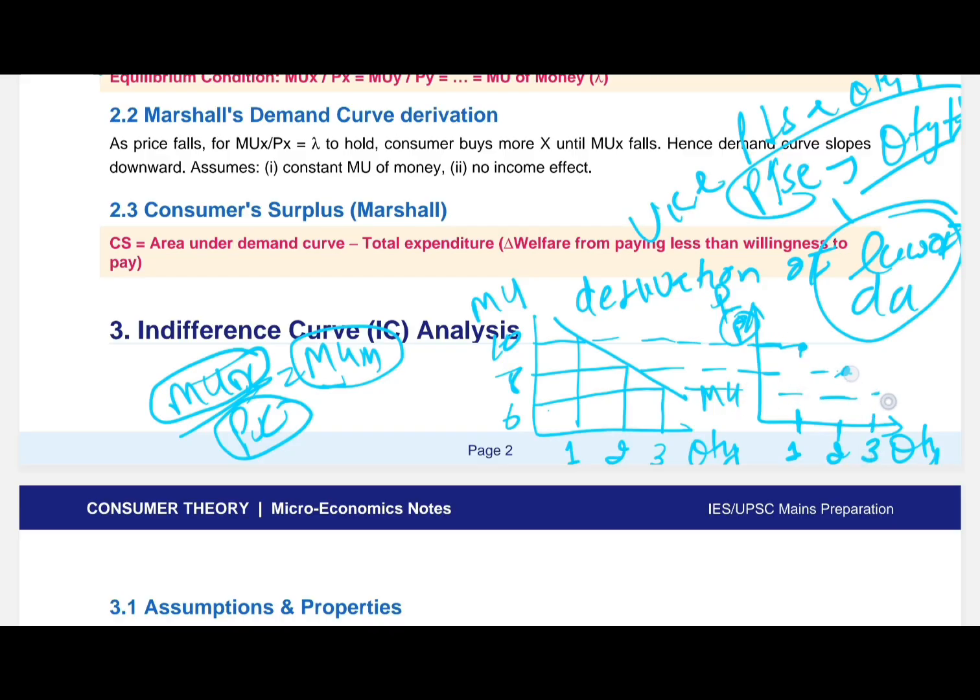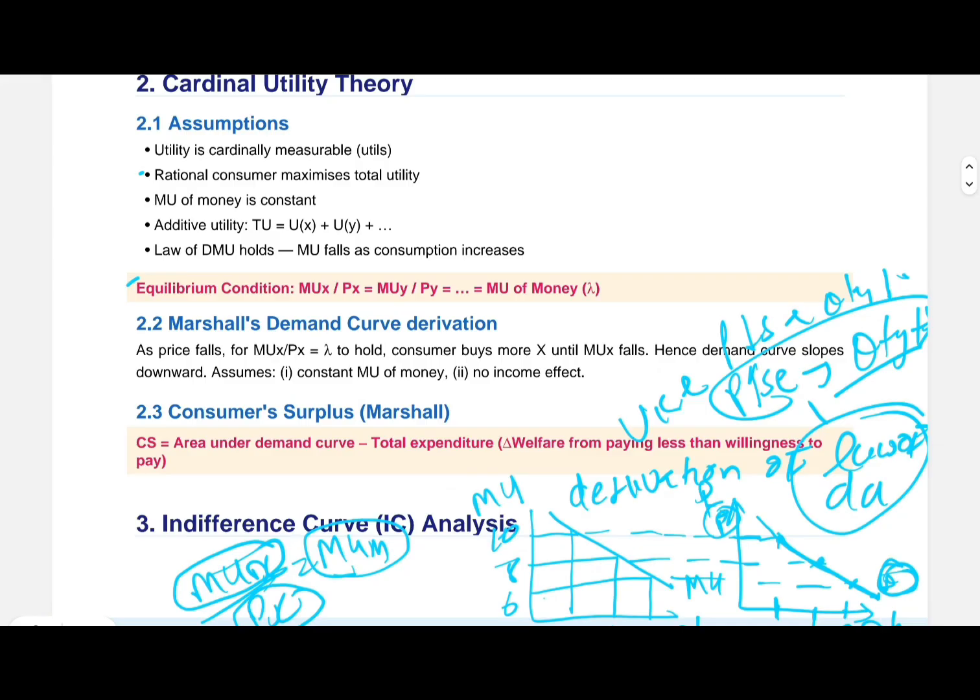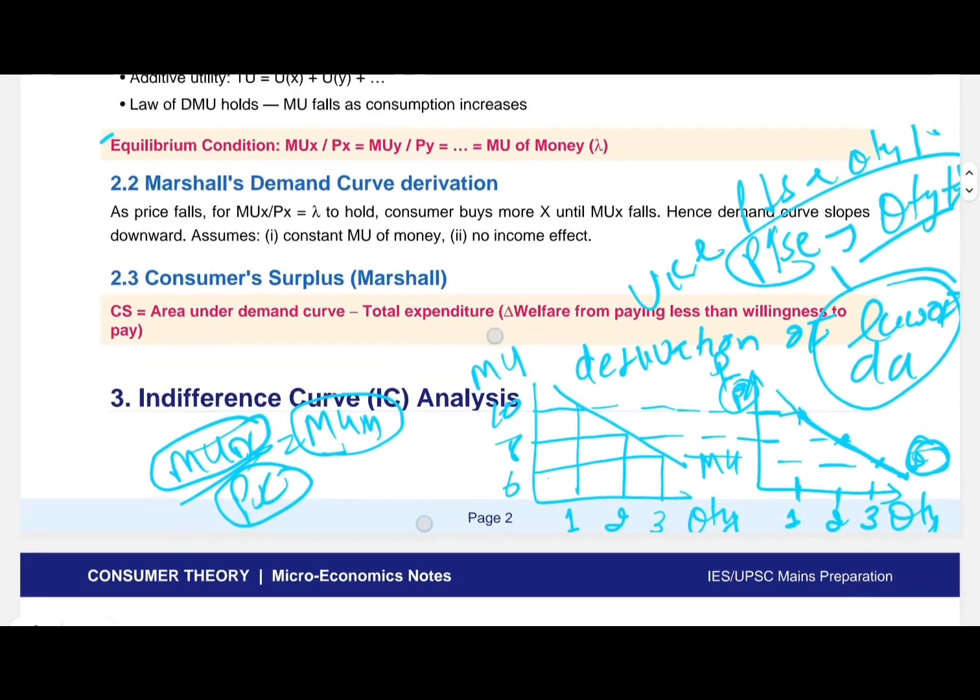If we join all those points, we get a downward sloping demand curve. This is the example of deriving the demand curve from marginal utility. We derived the Marshall demand curve with the help of the cardinal approach.